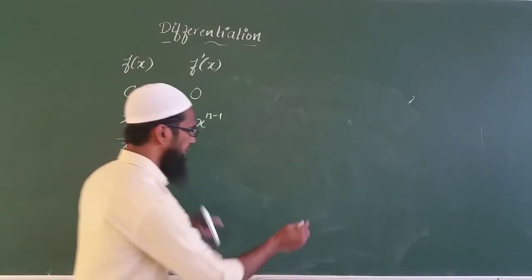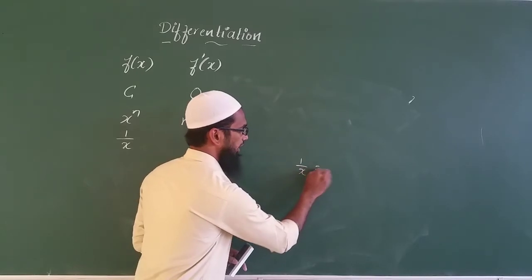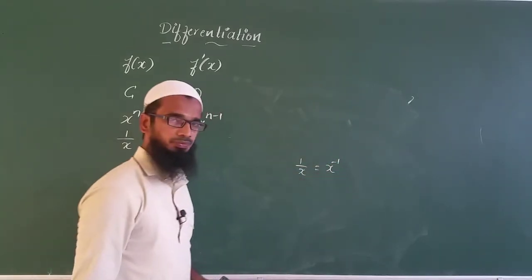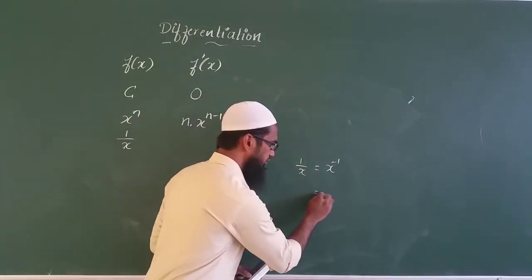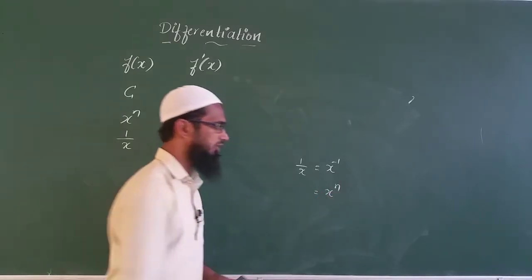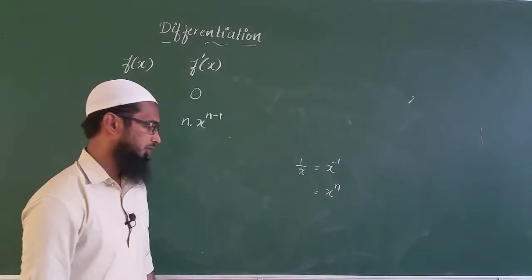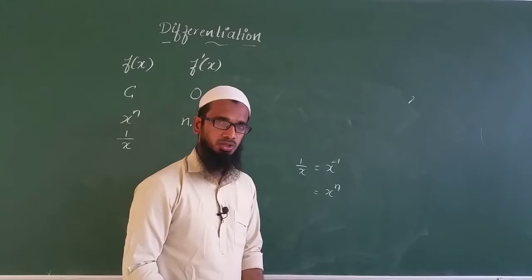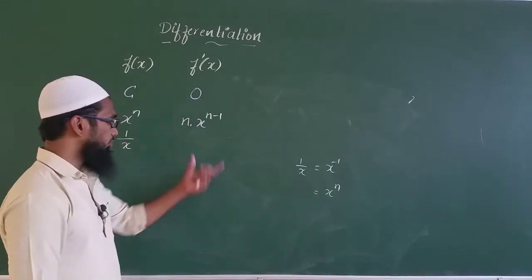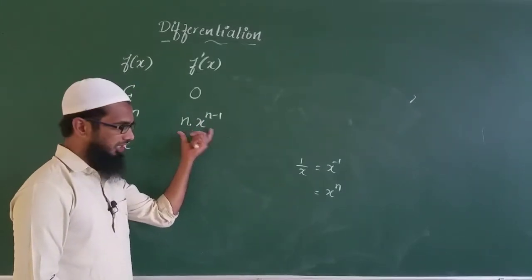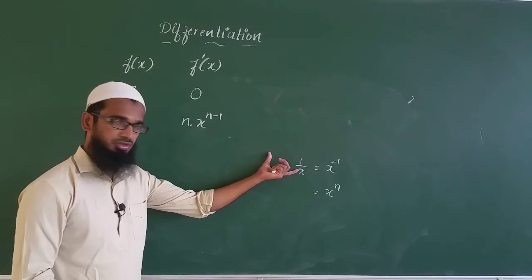Now this 1 over x can be written as x to the power minus 1. This is in the form of x to the power n, where n is nothing but minus 1. By using the same formula we can get the solution for this also.